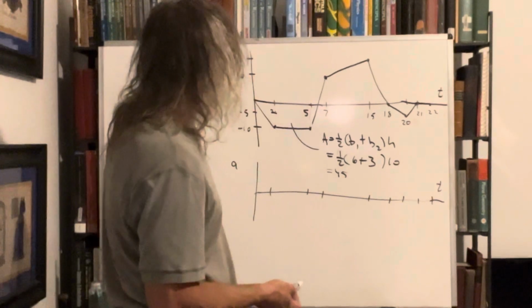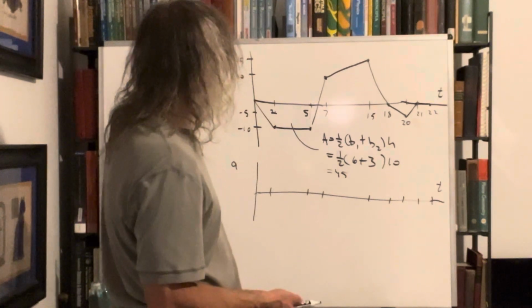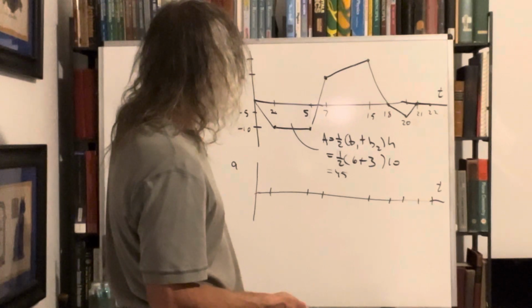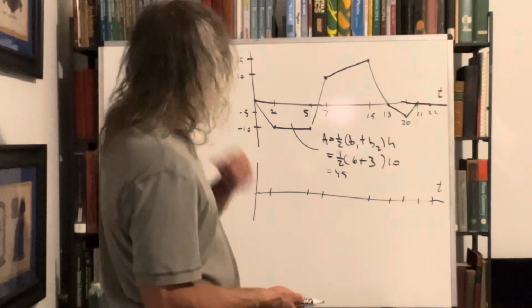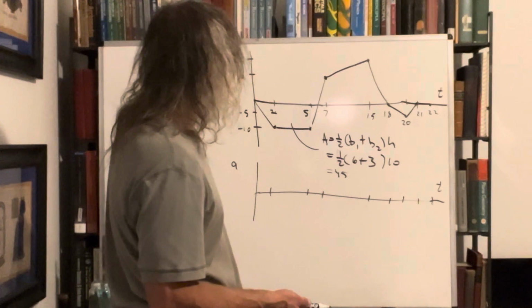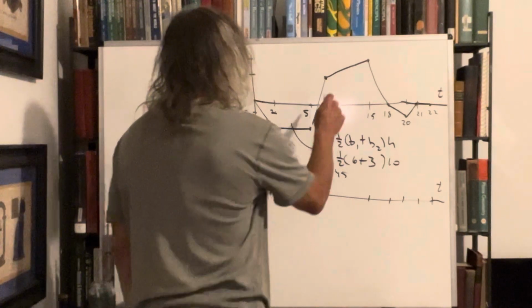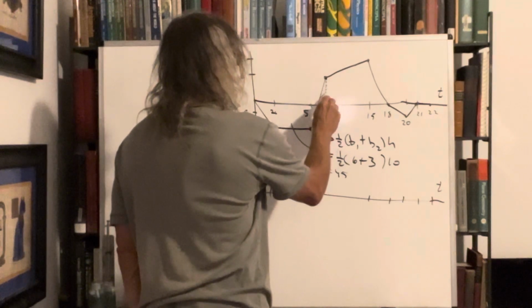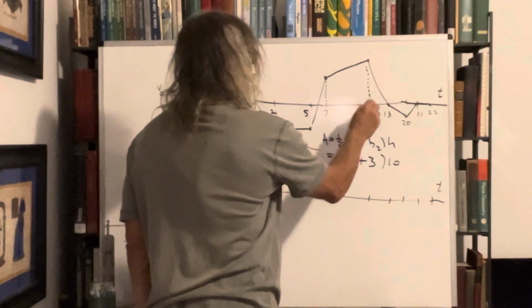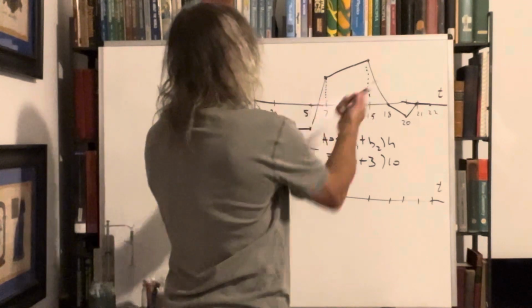Then this part is not a trapezoid, so I can't do the trapezoid formula. I guess I have to do a trapezoid and two triangles. So if we go down here and here, I have a trapezoid and two triangles.